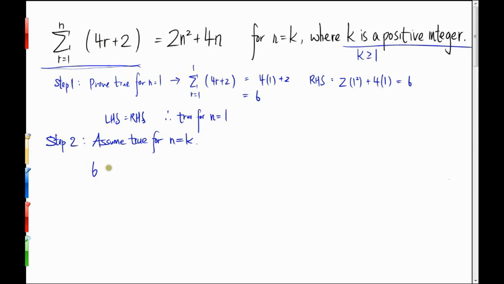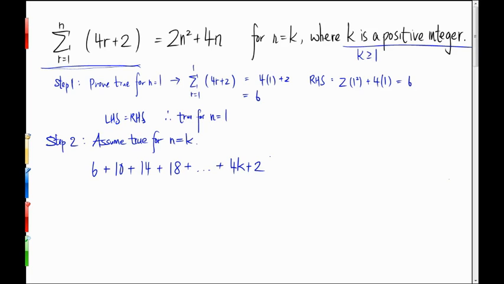So 6. And then plus, put 2 in, so it's 4 times 2 plus 2, which is going to be 10. Plus, put 3 in, and it's 4 times 3 plus 2, which is 14. So obviously this is just an arithmetic series, and it goes up to 4k plus 2.